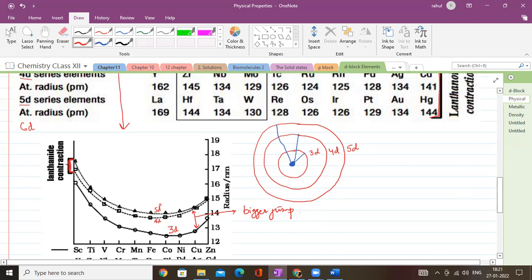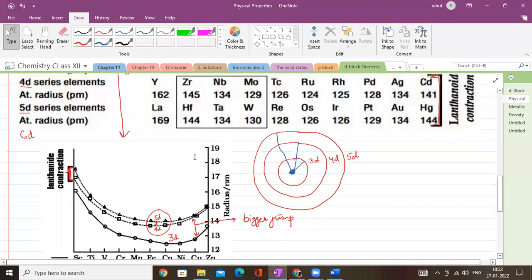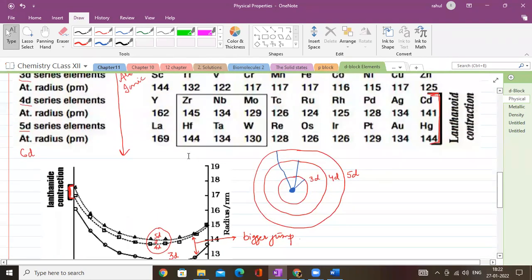But the 4D and 5D series elements have almost the same atomic radii, or there is almost a negligible jump between the 4D and the 5D, or the second and the third transition series. And this is actually because of lanthanide contraction.